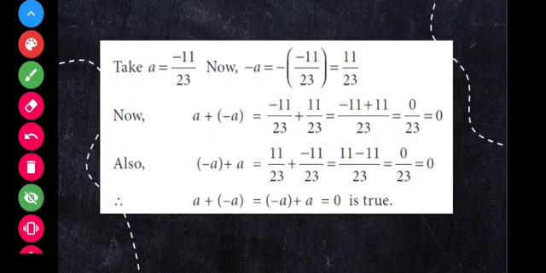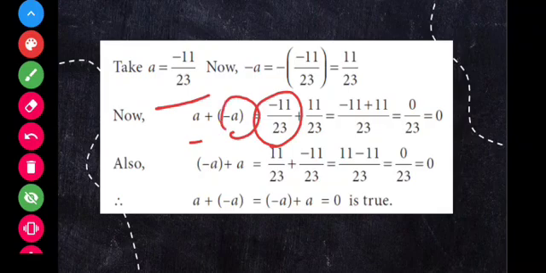Okay, so we have minus 11 by 23. We have to write the additive inverse of minus 11 by 23. So let's write a. We have to check whether negative a is the additive inverse or not. How do you check? If you add a rational number and its additive inverse, the answer you should get is 0.